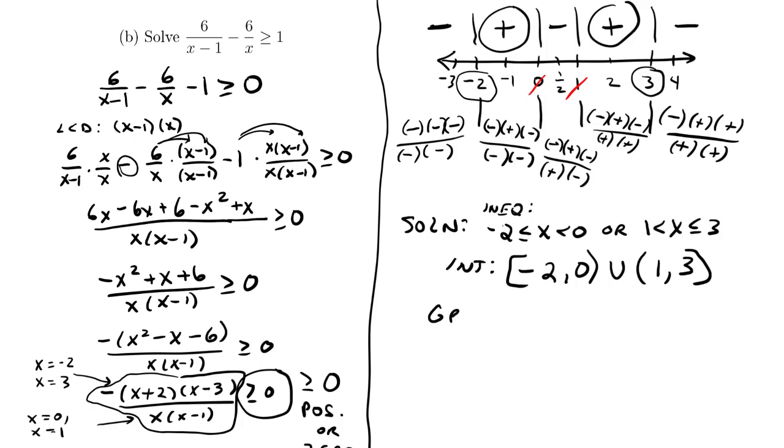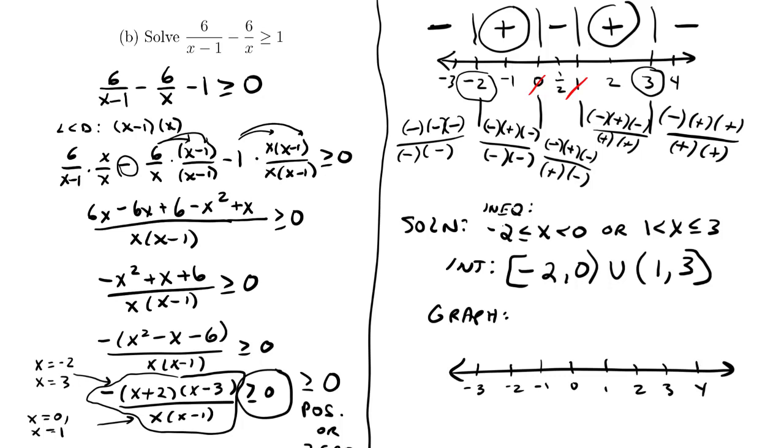All right, and graph-wise, let's see, let's go negative 3, negative 2, negative 1, 0, 1, 2, 3, 4.